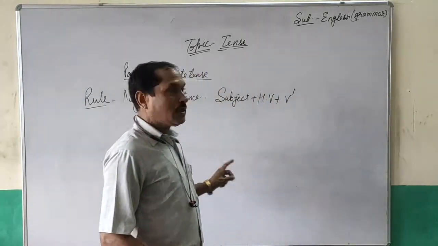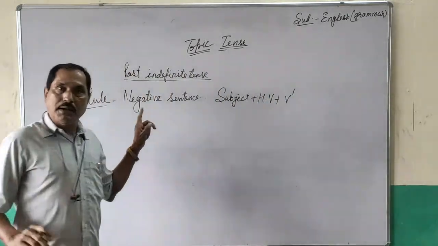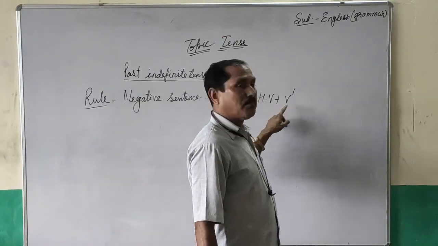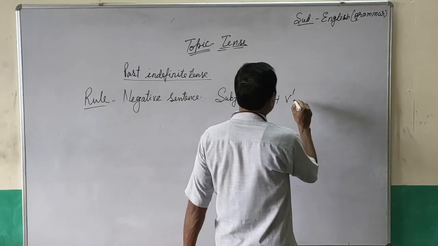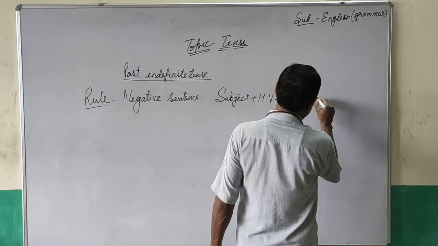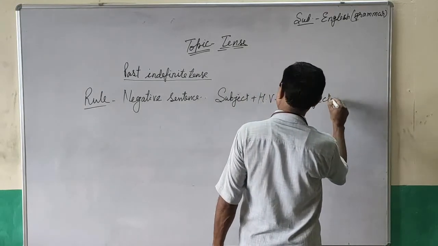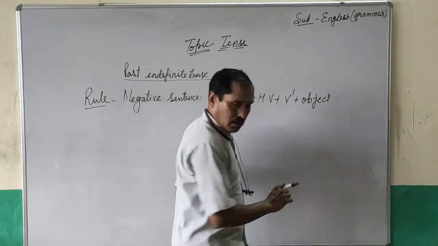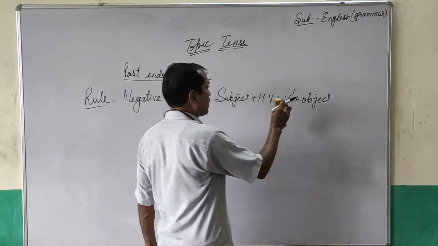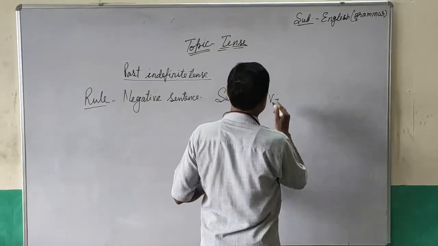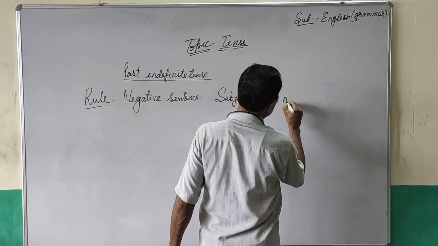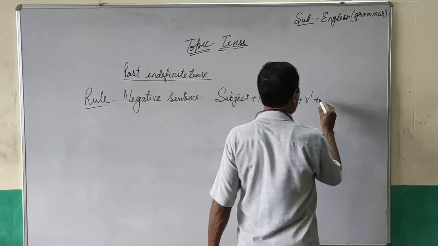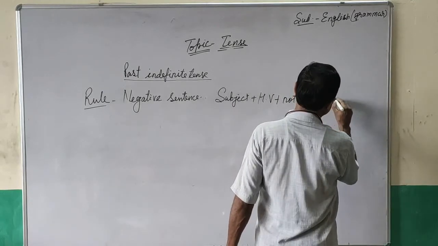If we use did in the past indefinite, then we use the main verb in first form. In negative: helping verb plus not plus first form of the verb plus object.